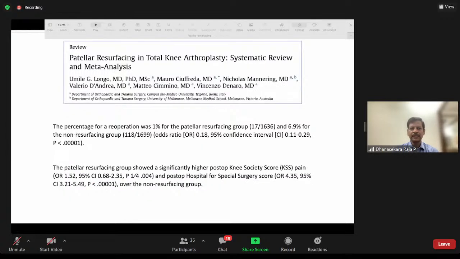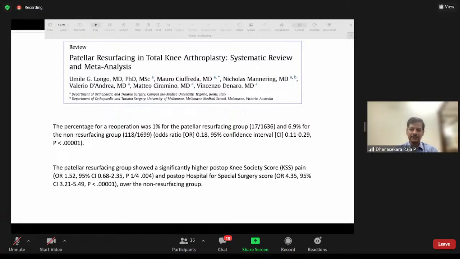This is one more review article. The percentage of reoperation after resurfacing is around 1%, and they assessed a group of 1,636 patients in the patellar resurfacing group, and 6.9% in the non-resurfacing group. Because there is anterior knee pain and the patella is not resurfaced, there is a tendency to go back and resurface the patella.